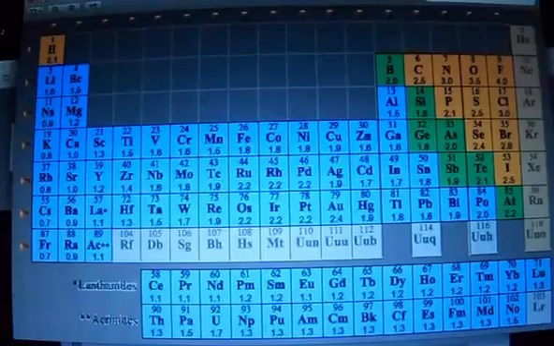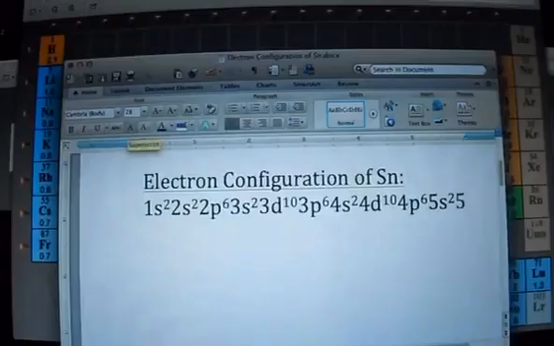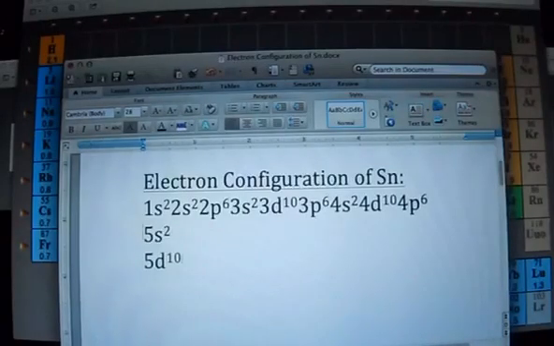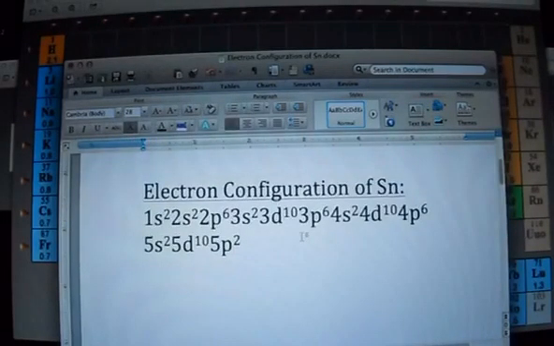I'm going to type that right now. 5s2, 5d10, and 5p2. Okay, we've got the electron configuration of tin.